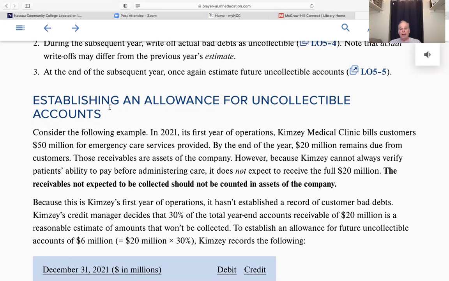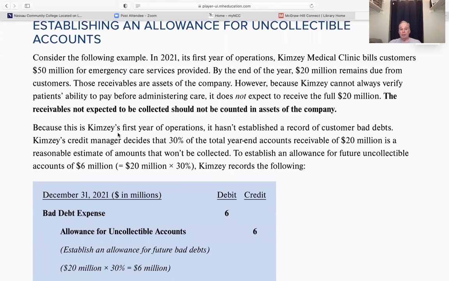The company estimates that 30% of that will not be collected. So what's 30% of 20 million? It's 6 million. So out of that 20 million, we don't think we'll get 6. How much do we think we'll get? 14, right? 20 million minus 6 is 14.